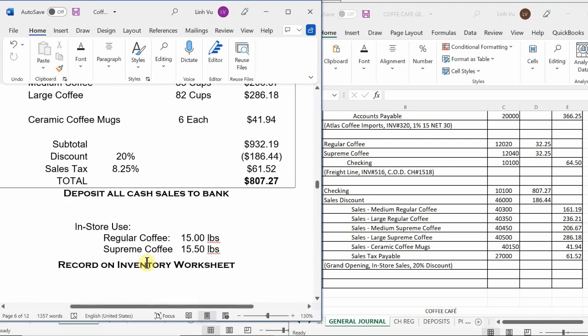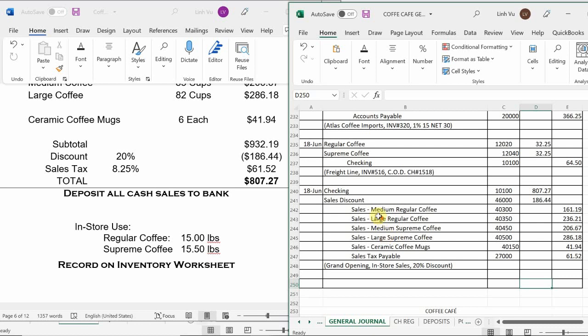Okay. And then let's see what happened here. In-store use. So we end up using 15 pounds of regular coffee, and then we have 15.5 pounds of Supreme coffee. Okay. So in this case, I need to update my inventory because this is perpetual inventory, right? I made my coffees perpetual inventory.